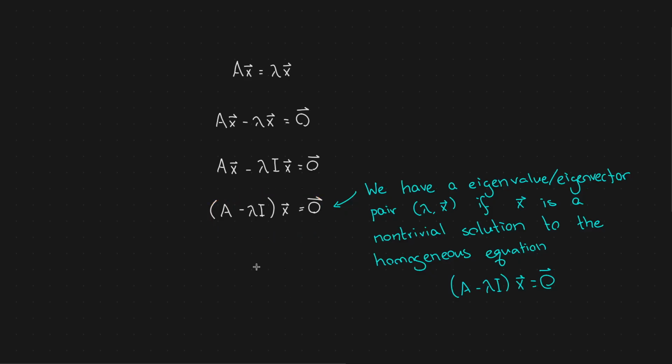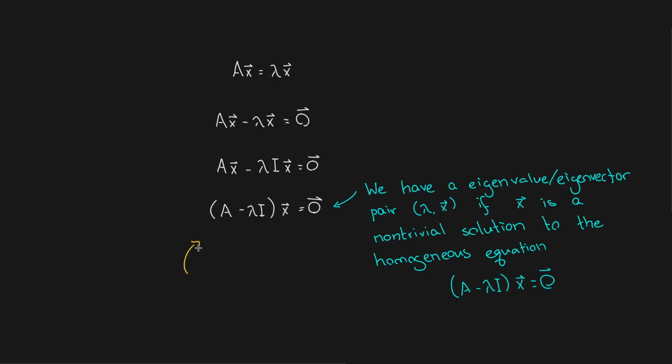Now, if the system has a non-trivial solution, that means this matrix in reduced row echelon form would have a free variable, which means it would have a column without a leading entry, which means that because it's a square matrix, there also must be a row without a leading entry. The only way that could happen in reduced row echelon form is if you have a row of zeros. So if we have a row of zeros, that means that the matrix is singular.